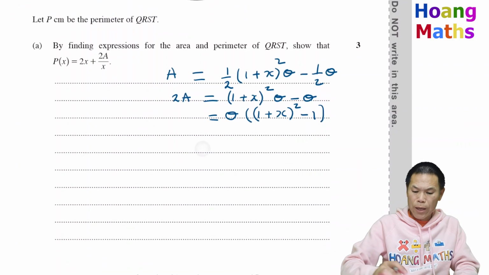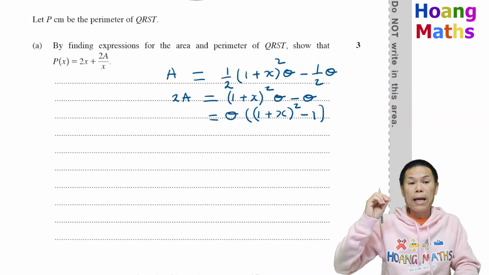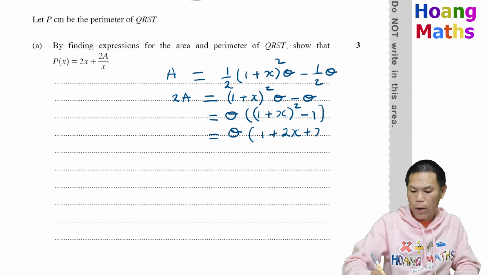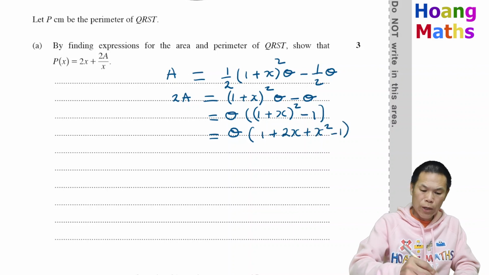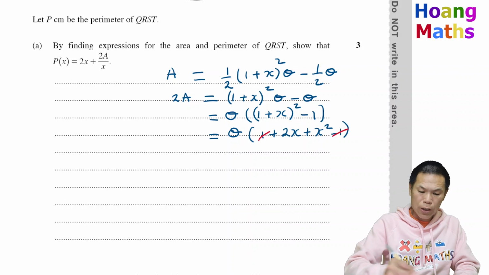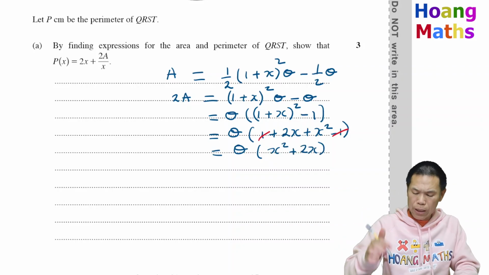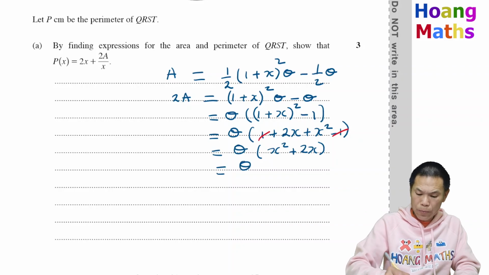If I expand the (1 plus x) squared, that gives me theta times (1 plus 2x plus x squared minus 1). Now these two cancel out, so that gives me theta times (x squared plus 2x). So theta equals 2A over (x squared plus 2x).